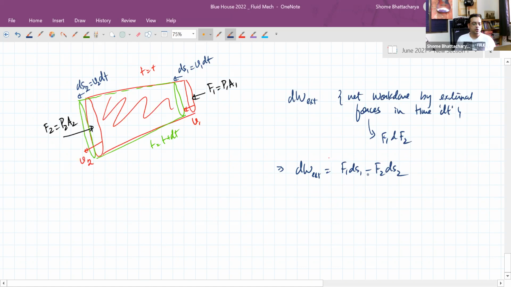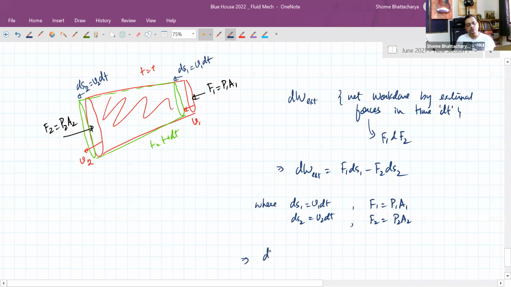Work, as you know, is the dot product of force and displacement. Here F2 is opposite to displacement, whereas F1 is in the same direction as displacement. So F1 is doing positive work, F2 is doing negative work. Now further, F1 is P1 A1 and F2 is P2 A2.